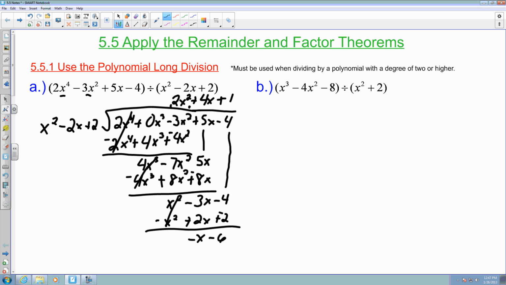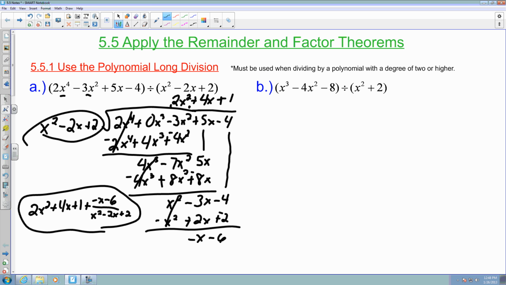Since I have nothing else I can divide out, that becomes my remainder. So my answer becomes 2x squared plus 4x plus 1 plus my remainder, negative x minus 6, divided by x squared minus 2x plus 2. And there's my answer.